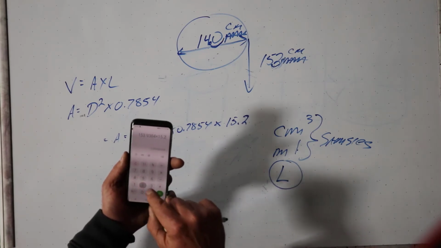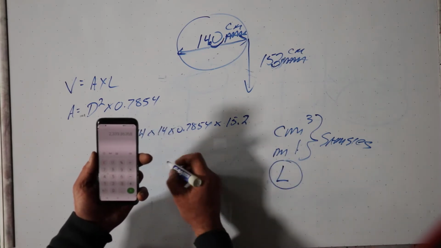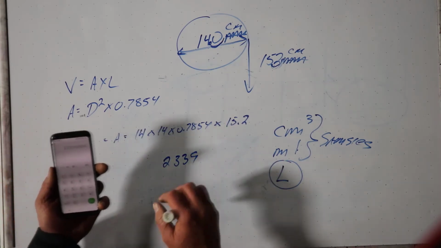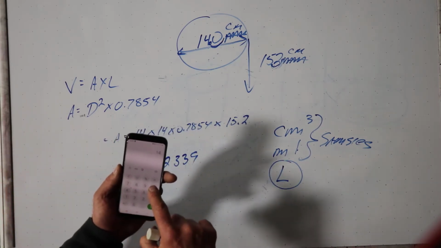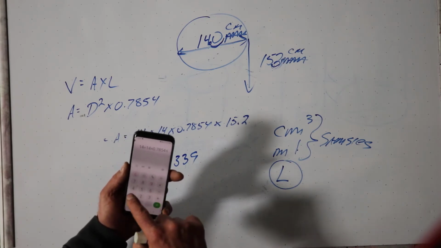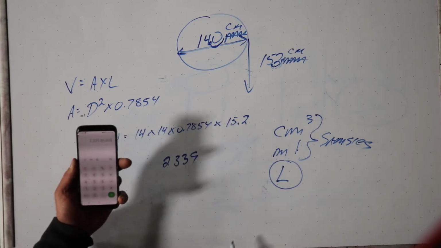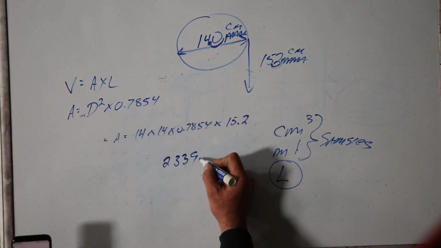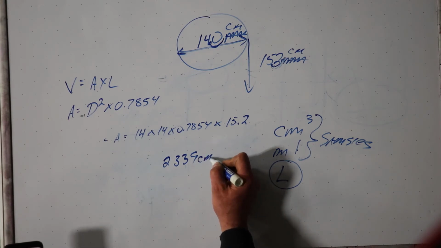Times that by 15.2. For some reason, it isn't the same number. I typed something in wrong the first time. 2,339 centimeters cubed.